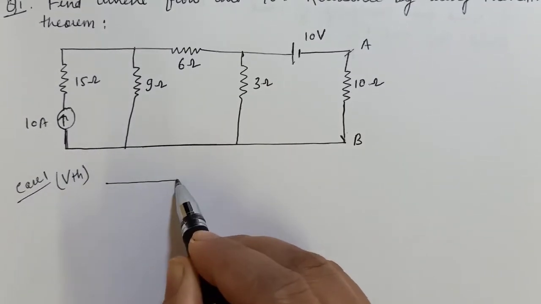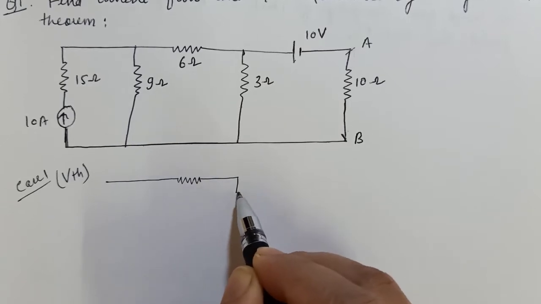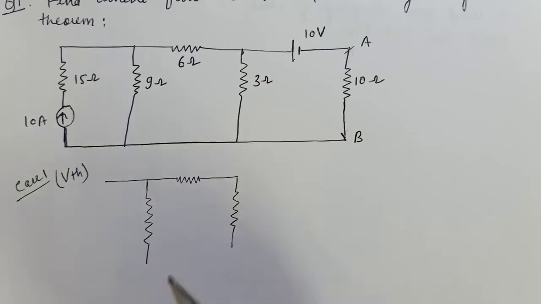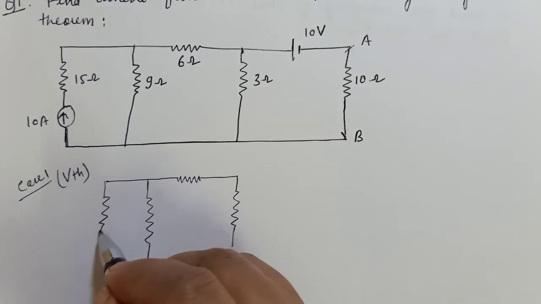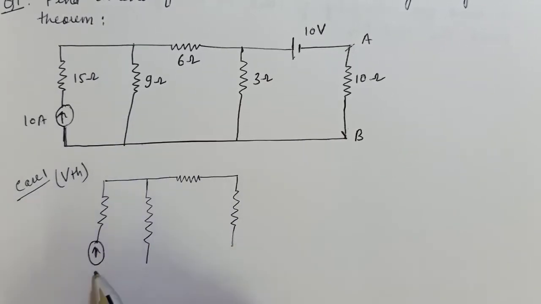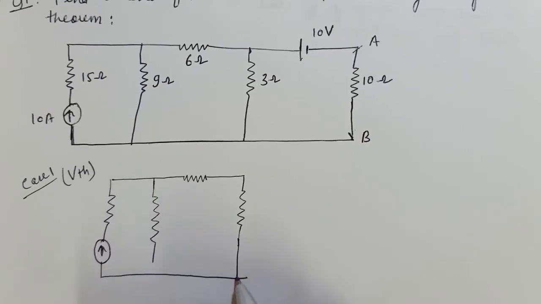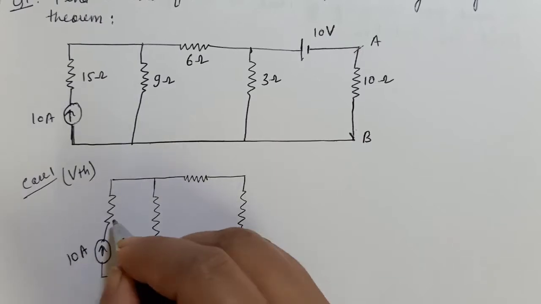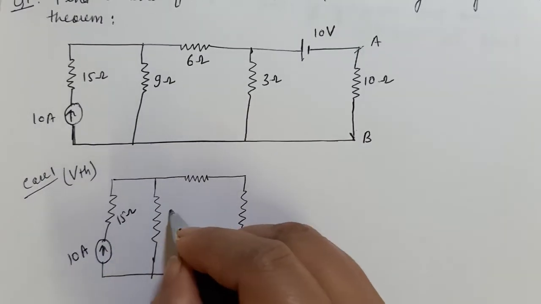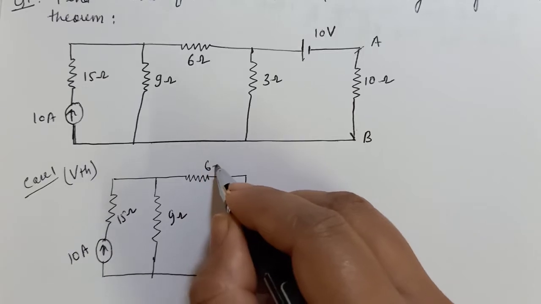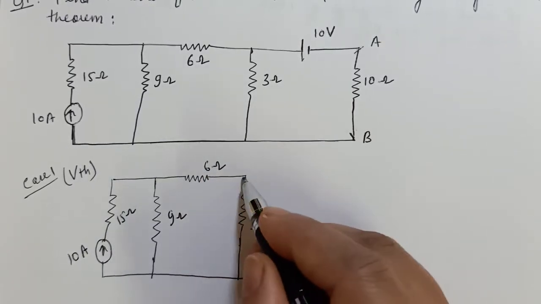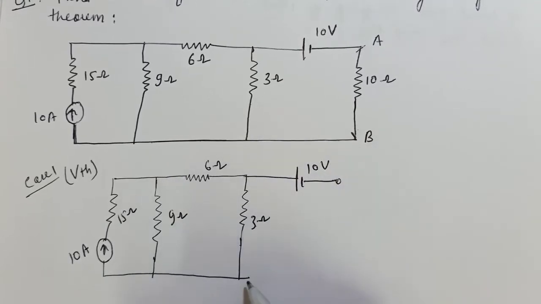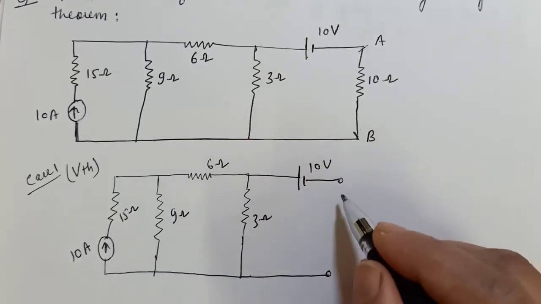So I am going to disconnect the load resistance and then draw the circuit. This is the 10 ampere source, 15 ohm, 9 ohm, 6 ohm resistor, 3 ohm resistor, and 10 volt battery, and the load resistance has been disconnected.